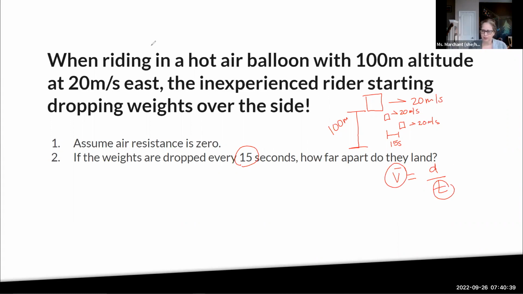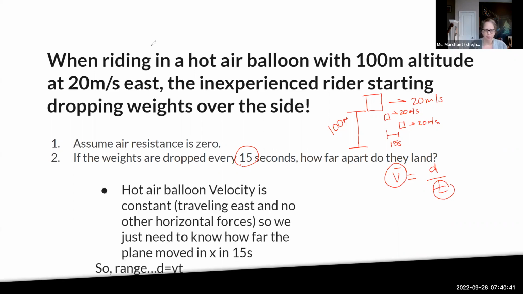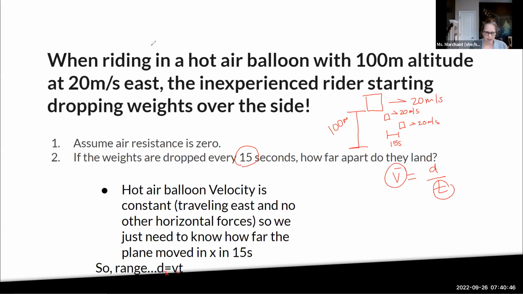Could I use the range formula in the other arrangement? Of course. Okay, dx is equal to the velocity in the x times the time. Anytime you're doing these, this is the general equation, but we can make it specialized for just talking about the x direction, and we can rearrange the terms into the range formula.